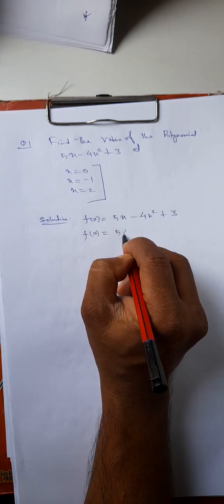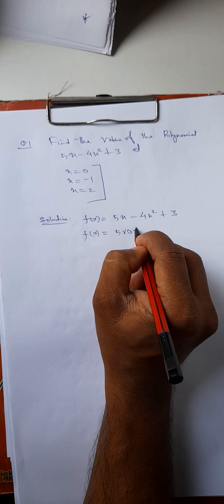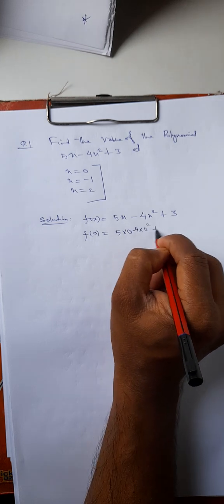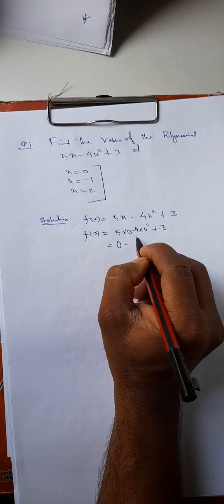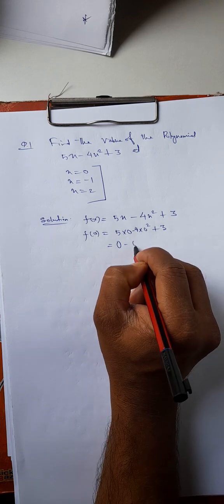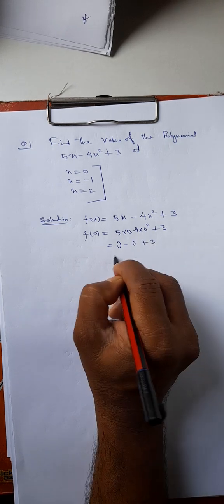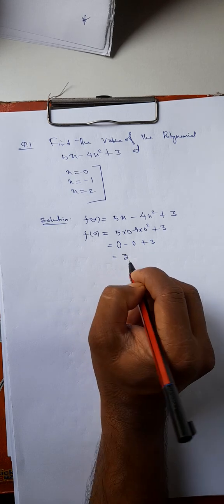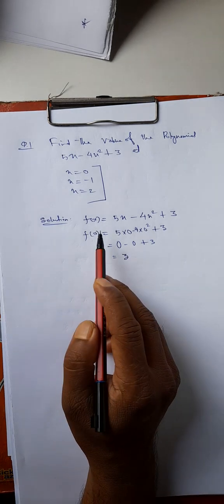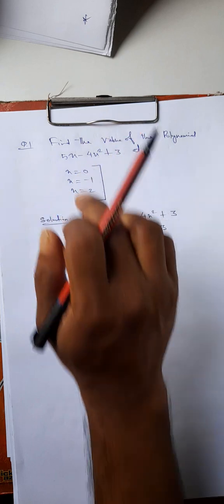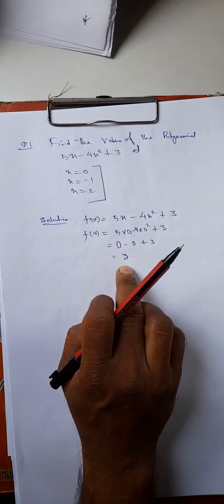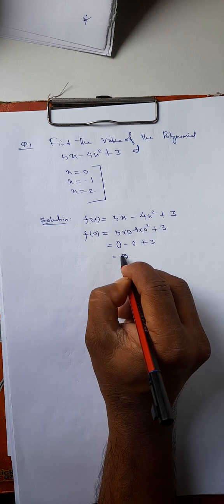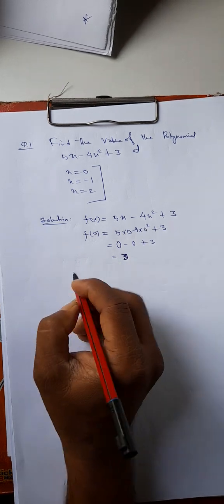Now you see 5 into 0 minus 4 into 0 square plus 3. 5 into 0 is 0. This is again 0 plus 3. That means 3. That means 0 is not a zero of this polynomial. At x equal to 0, the polynomial is not becoming 0. This is 3, right?